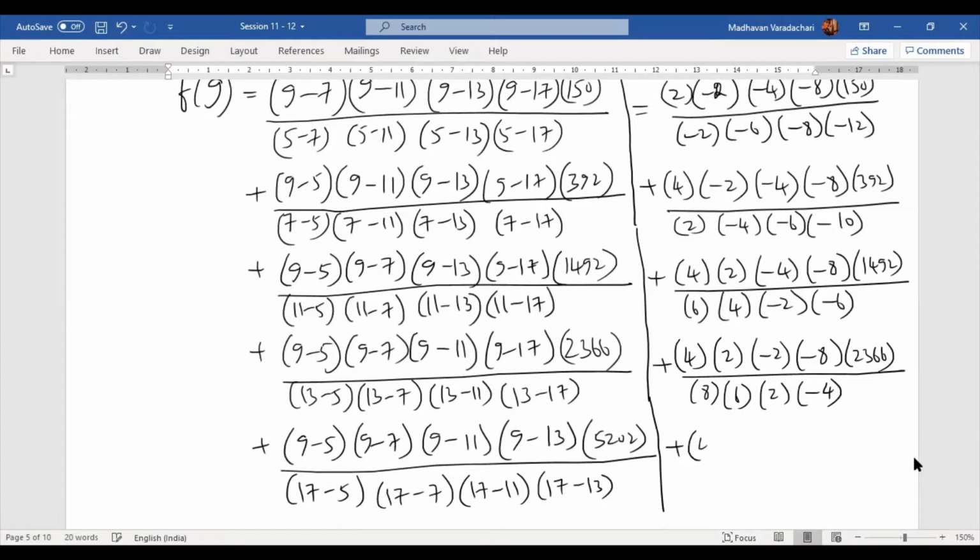This is 4, 2, minus 2, minus 4, 5202 divided by 12, 10, 6, 4.